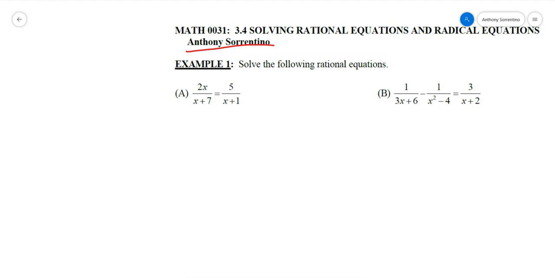The one thing I want to keep in mind, and we're actually going to have an example that focuses on this, is that these two types of equations, your rational equations and your radical equations, are ones that produce the possibility for extraneous solutions. I had mentioned this in passing in another one or two of these videos before this one.